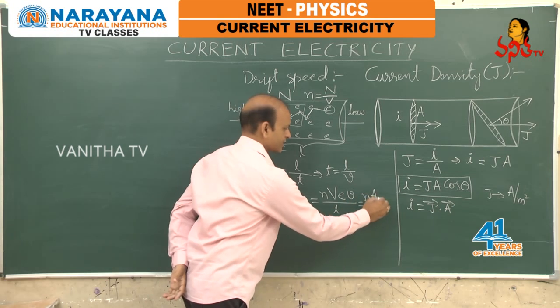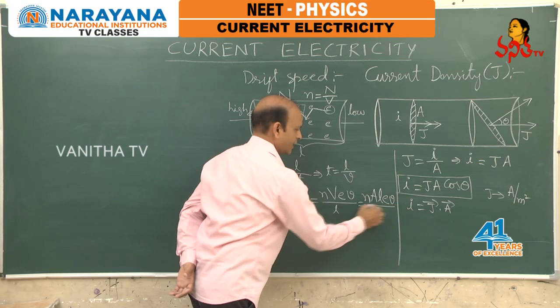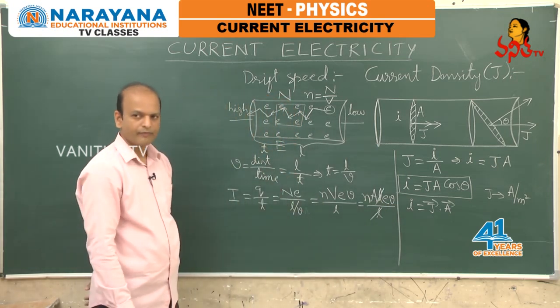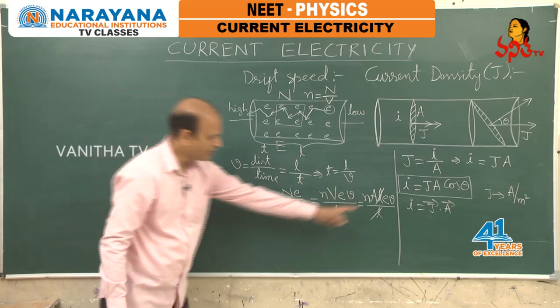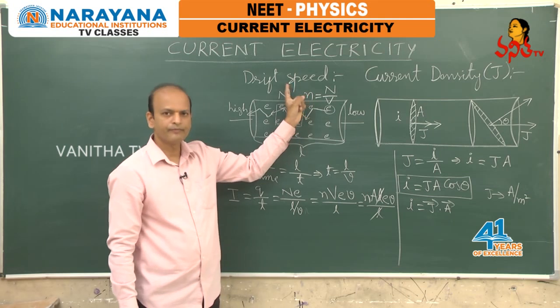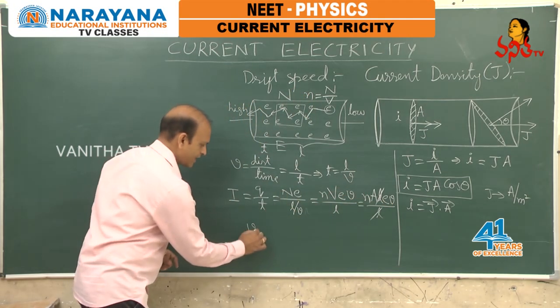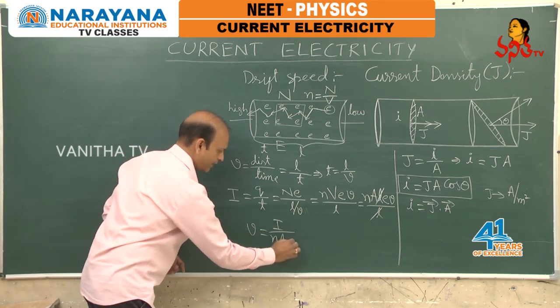So area of cross section into length into e into V by L. L gets cancelled. Now here, V value we want, that V we call as drift speed. So this drift speed we want here. Therefore, drift speed is equal to I by nAe.